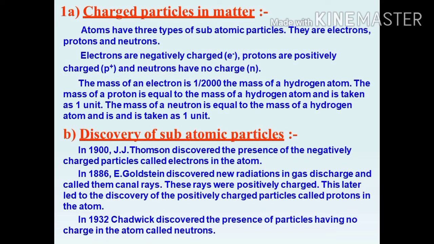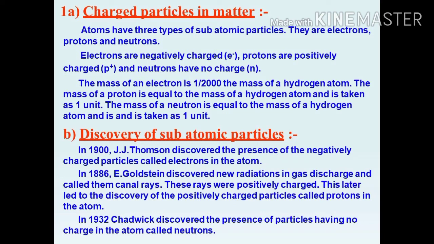Protons: E. Goldstein in 1886 discovered protons. The protons are positively charged. It is represented as p plus, and neutrons have no charge, neutral charge. It is represented as n.